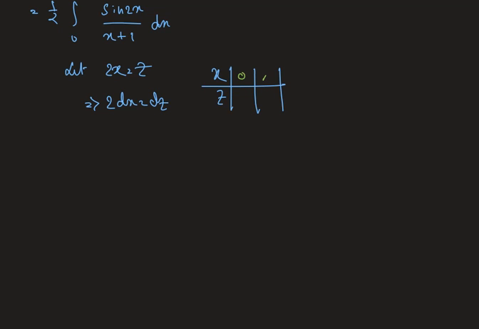X has values 0 and pi by 2, therefore z has values 0 and pi. Therefore we can write half integration 0 to pi of sin z divided by z by 2 plus 1, dz by 2.